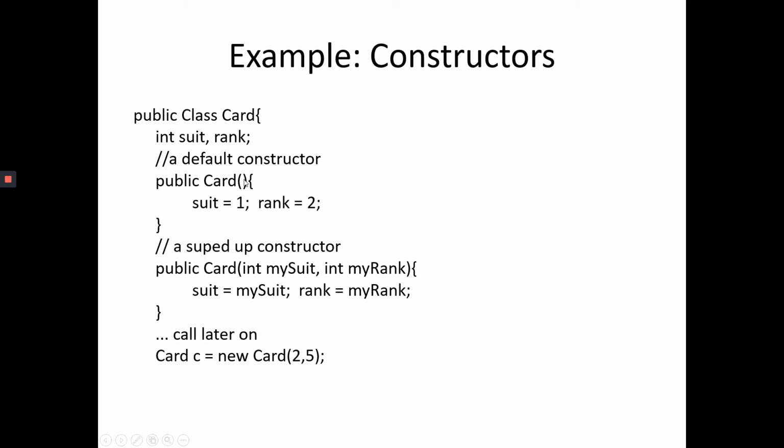The parameters are the things that you want people to provide in order to create that object. In this case, I haven't provided any parameters. It would be called the default constructor. So when nobody provides information on how to create a card, it will go to this method and do whatever you want it to do by default. Maybe set the suit to 1 or the rank to 2, or the suit to 1 and the rank to 1. You decide what that default behavior is.